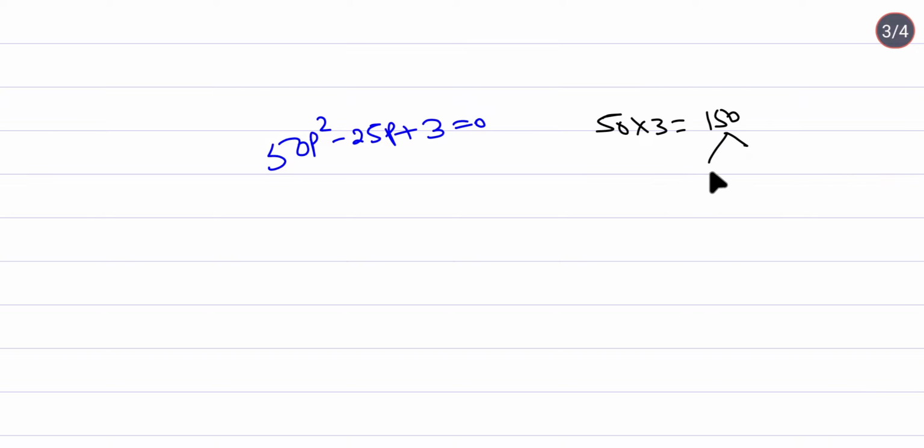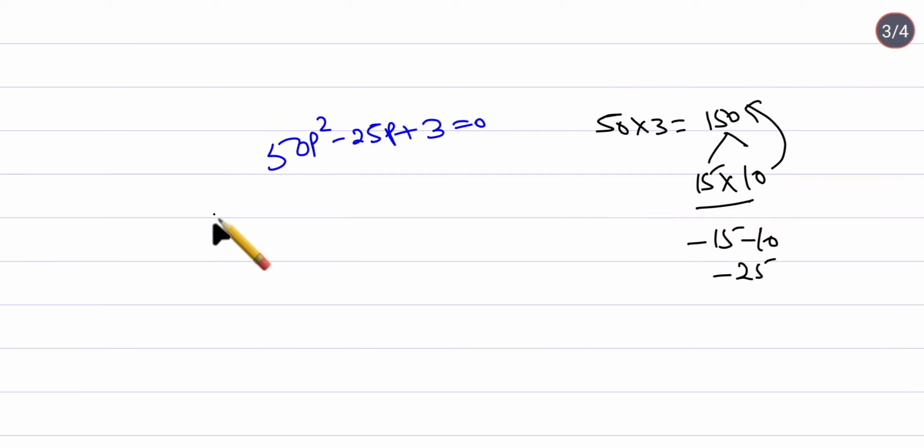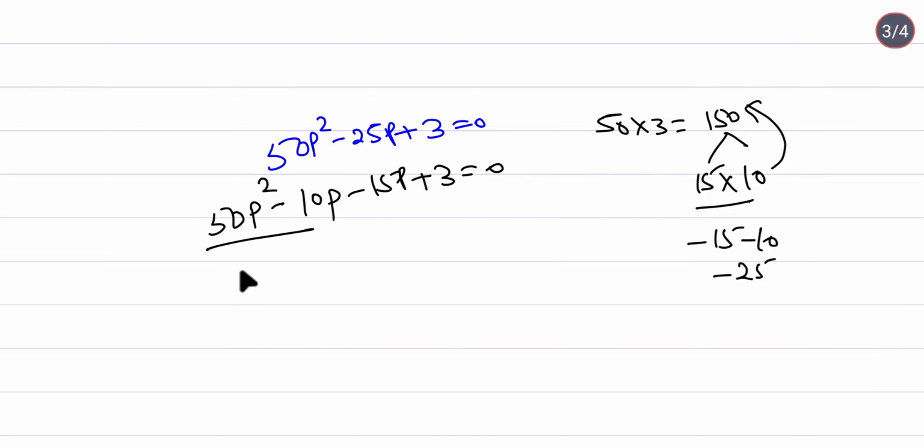So I can write 15 and 10, and multiply it gives 150. And if I do minus 15 minus 10, I'll be getting minus 25. So both the conditions are satisfied. So 50p square minus 10p minus 15p plus 3 equals to 0. Taking 10p common, 5p minus 1, minus 3 common, 5p minus 1 equals to 0.